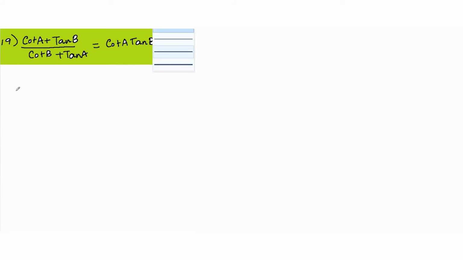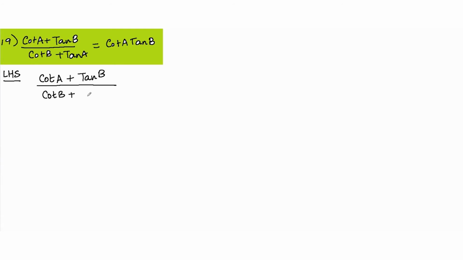So what comes to my mind is, take the left hand side. The left hand side is cot A plus tan B divided by cot B plus tan A. And now what I'm going to do is, let me leave the cot A term as it is.